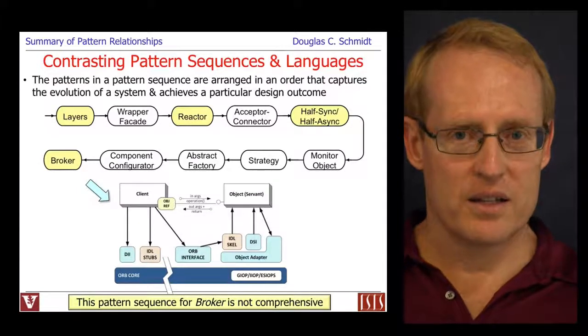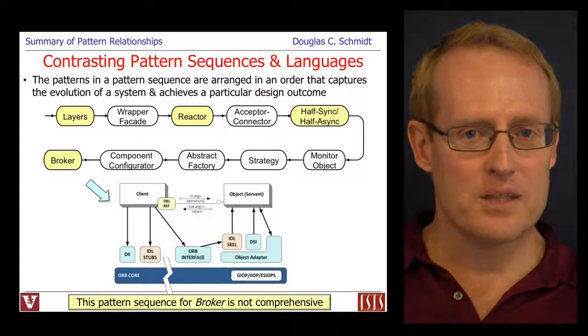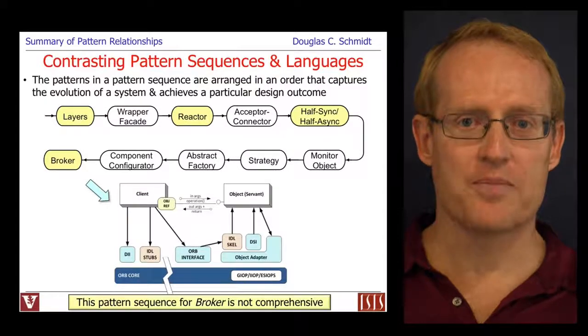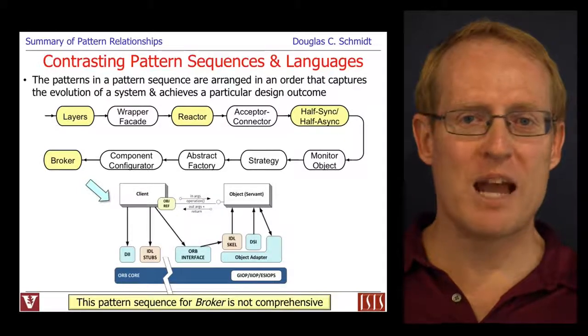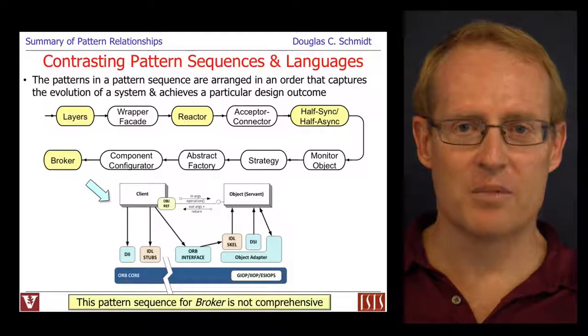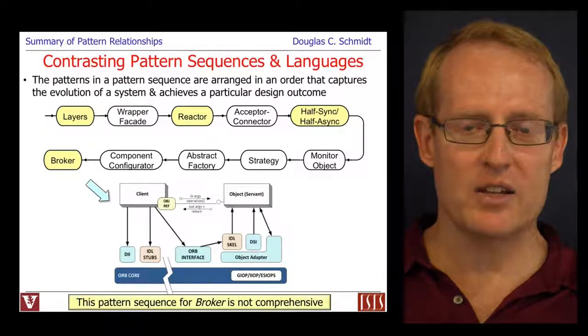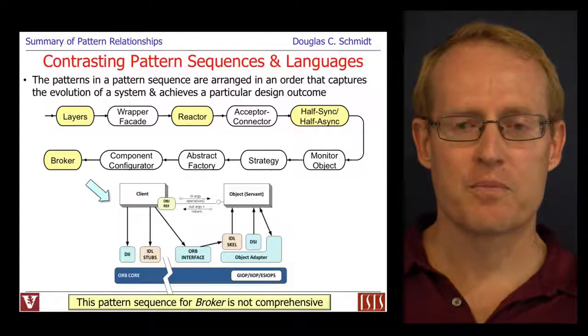So the example pattern sequence we'll be covering here is a pattern sequence for generating a particular broker design. Keep in mind that this pattern sequence is not comprehensive. There's many other patterns involved in developing a broker, but we're going to focus on some of the key patterns pertaining to concurrency and networking because that's the theme of the course.